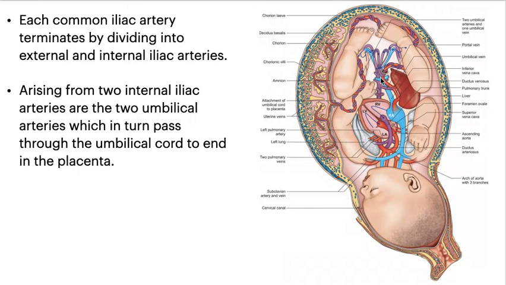Each common iliac artery terminates by dividing into external and internal iliac arteries. Arising from the two internal iliac arteries are the two umbilical arteries, which in turn pass through the umbilical cord to enter into the placenta.